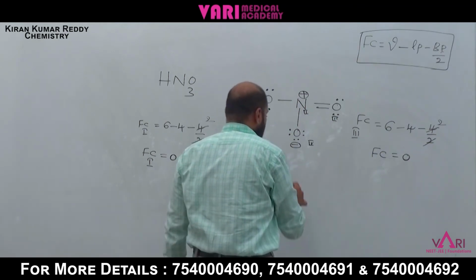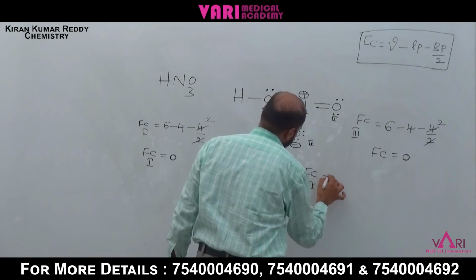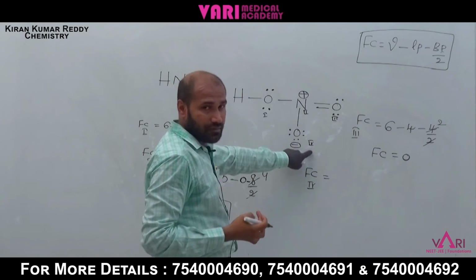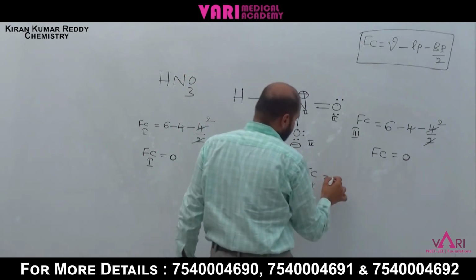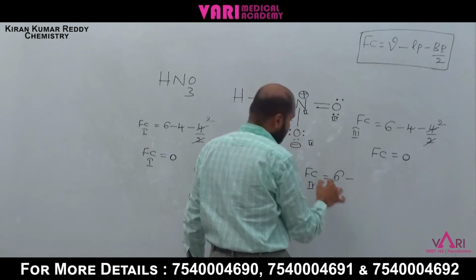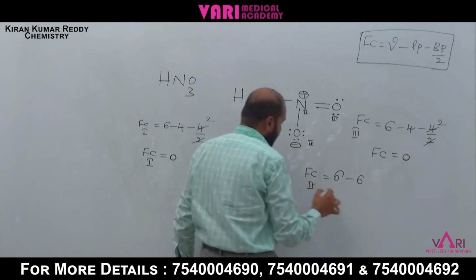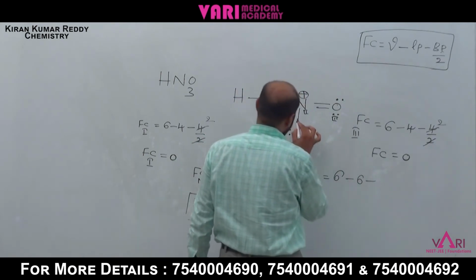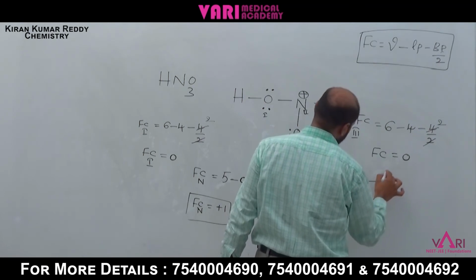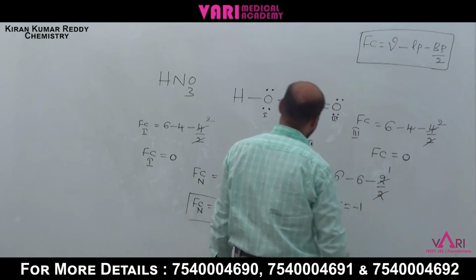Next, the fourth oxygen atom I am taking. Formal charge of the fourth oxygen atom. Now valence electrons of oxygen atom 6 minus how many lone pairs? That is also 6. 1, 2, 3, 4, 5, 6. Now bond pairs, tell me, 1 only, 2 into 1, 2 only, 2 by 2. That is 2 by 2, 1. Now formal charge is equal to minus 1.